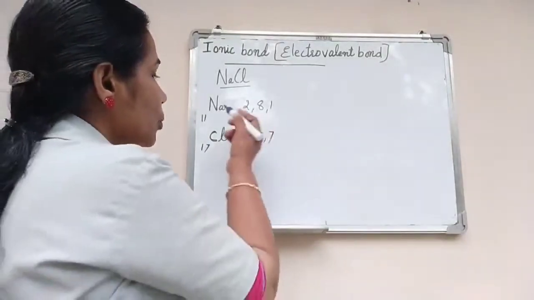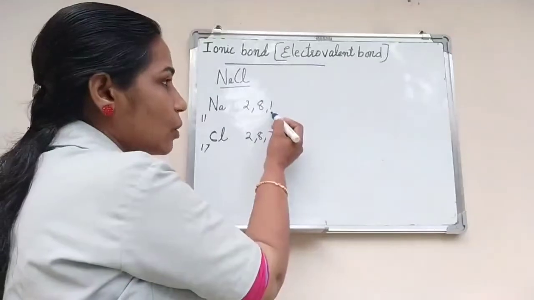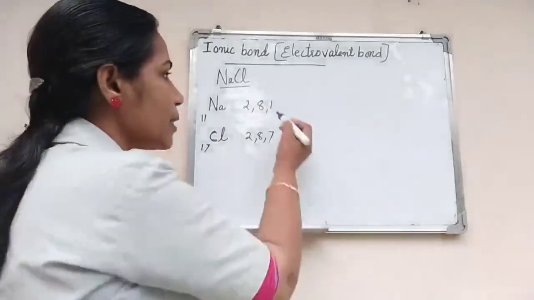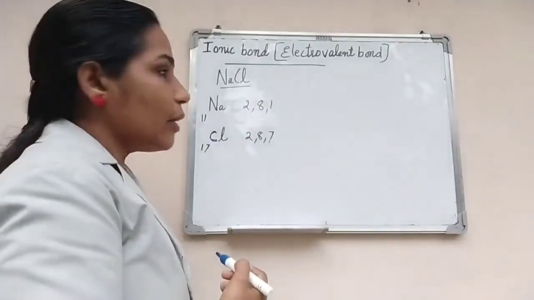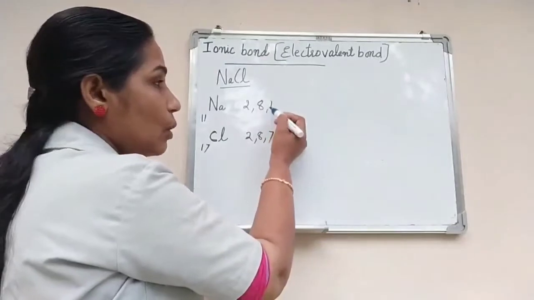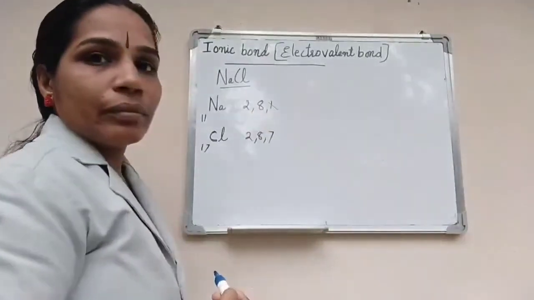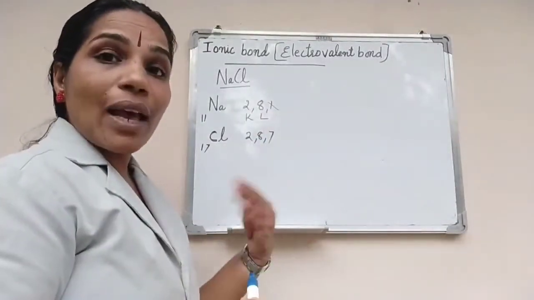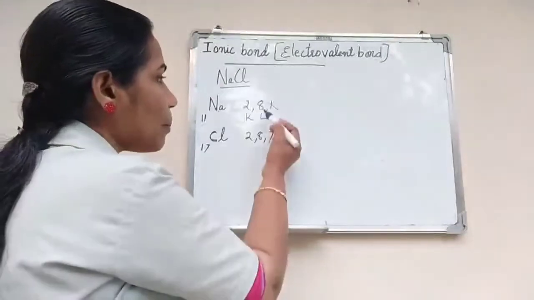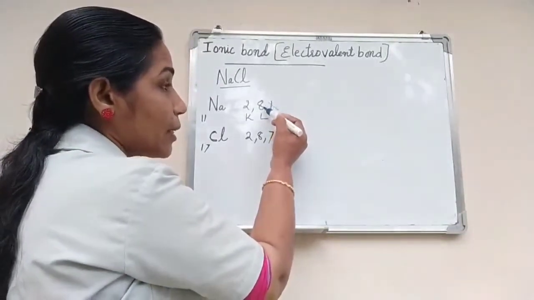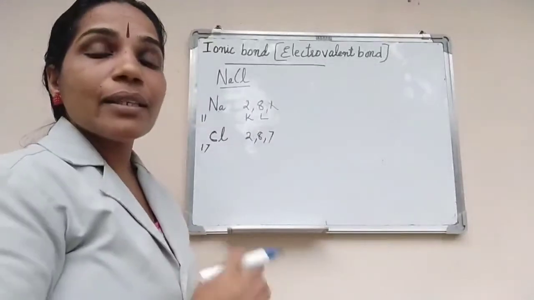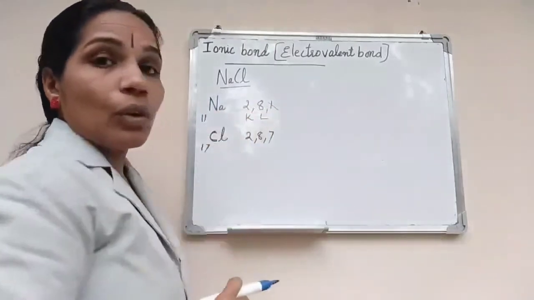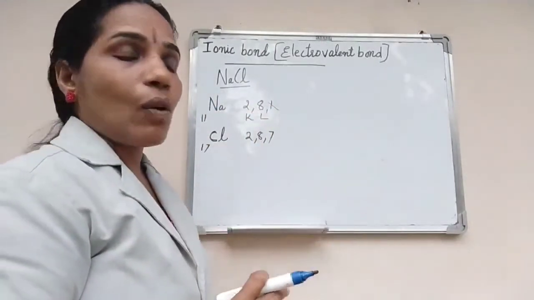Sodium atom has 1 electron in its valence shell. That is, the number of valence electrons is 1. If the sodium atom loses this electron, the L shell becomes its valence shell, and the number of electrons in its valence shell is 8. That is, it is stable. So this sodium atom loses 1 electron.